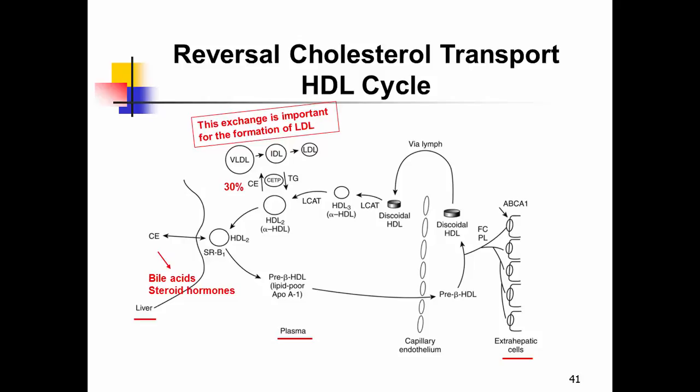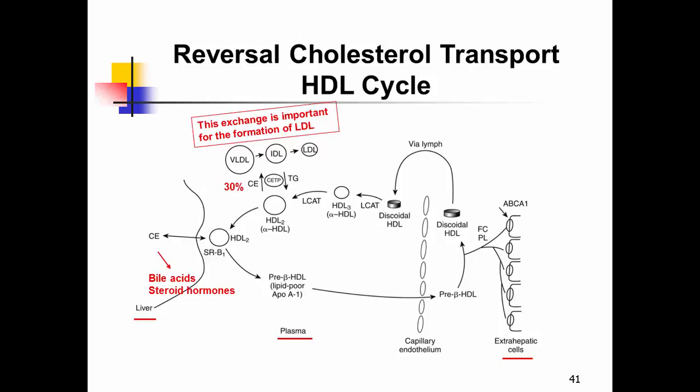I'm sorry, I need to take my words back and explain this again. The exchange is not receiving more cholesterol esters; actually it receives triglyceride from the LDL, IDL, and VLDL.